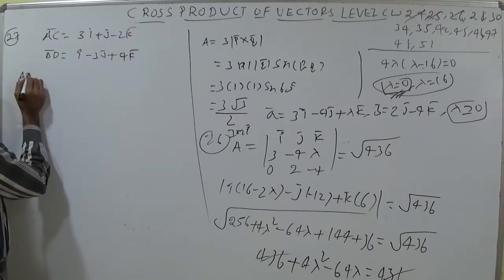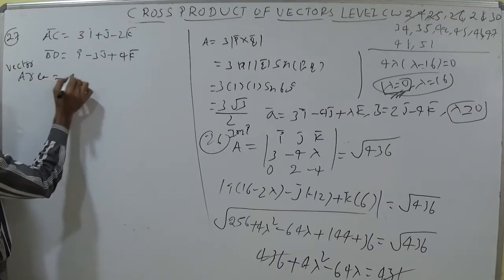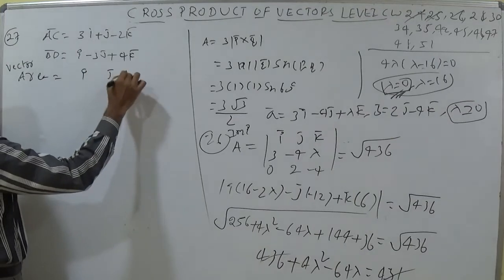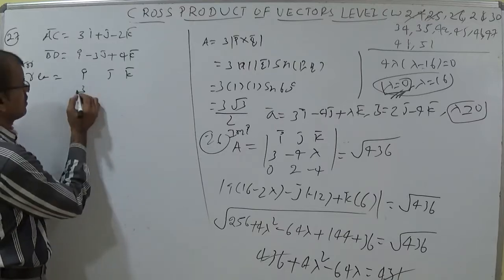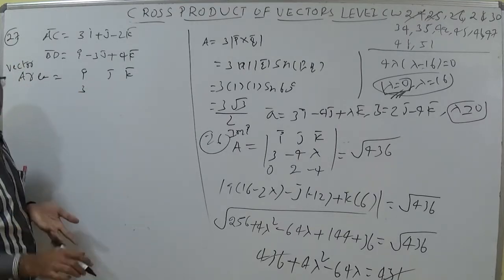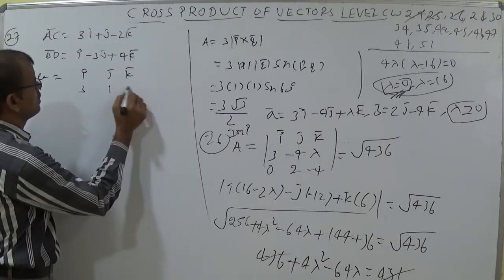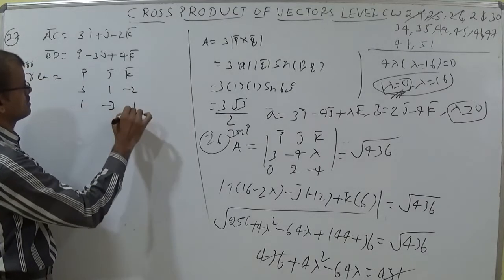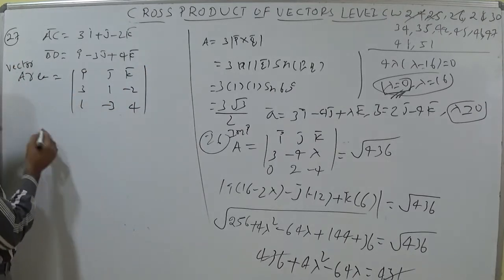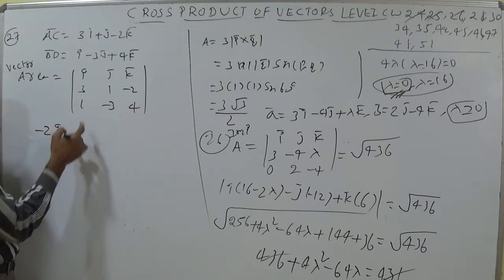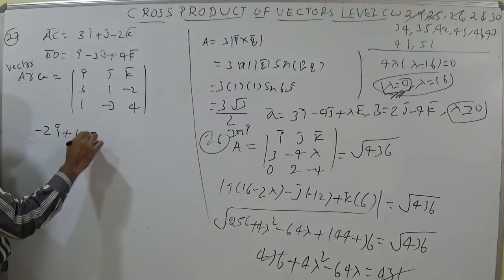So in the options he has given vector area, not general area. Vector area may be positive or may be negative. There is no question of direction. So whenever you get minus, simply you put minus. Whenever you get plus, simply you put plus. Here you can write 3, 1, minus 2, 1, minus 3, 4. This is 4 minus 6, minus 2i. 3 into 4 is 12 plus 2, 14j you can write.